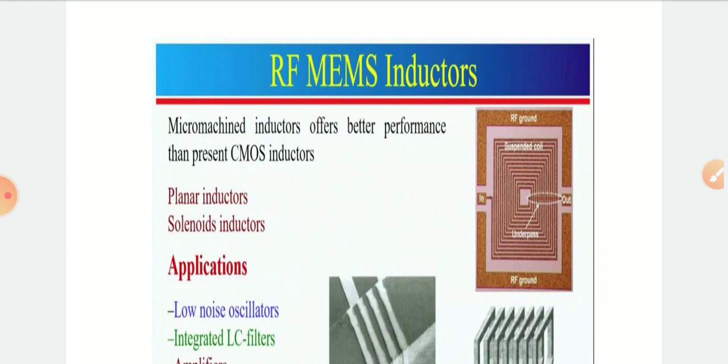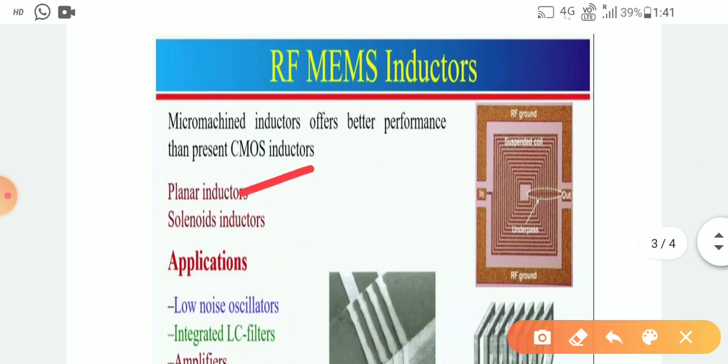These are two types. One is planar inductors and the second is solenoid inductors. The planar inductors could be of two types: spiral and meander in shape.